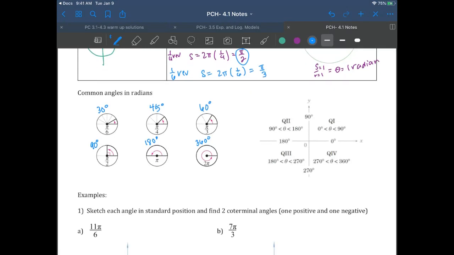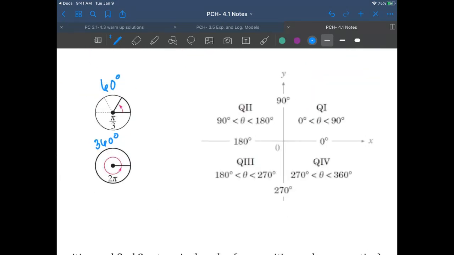A reminder of what quadrants each one of the angles is in. So our initial side starts on the x-axis. Going positive, it opens up counterclockwise. So from 0 to 90 degrees, let's change those to radians. That would be 0 radians is less than theta, which is less than pi over 2.